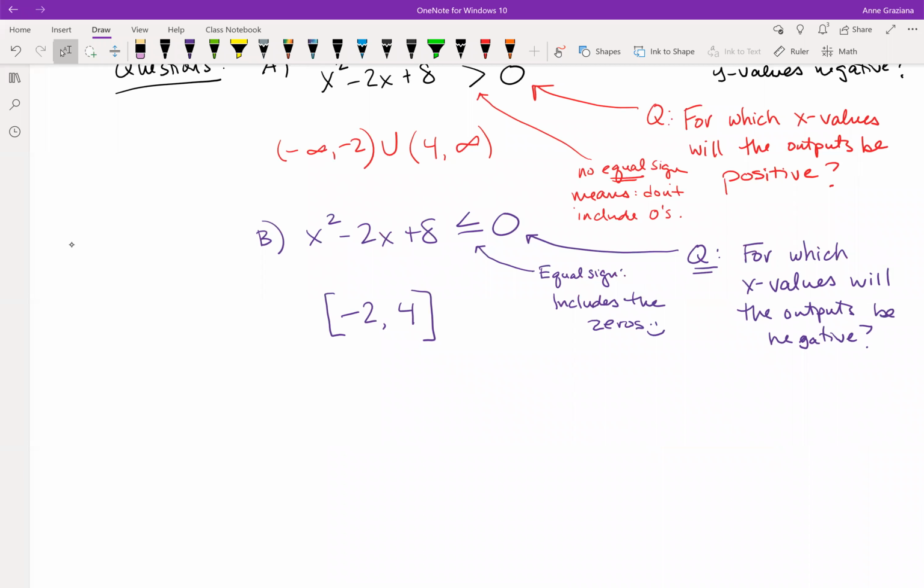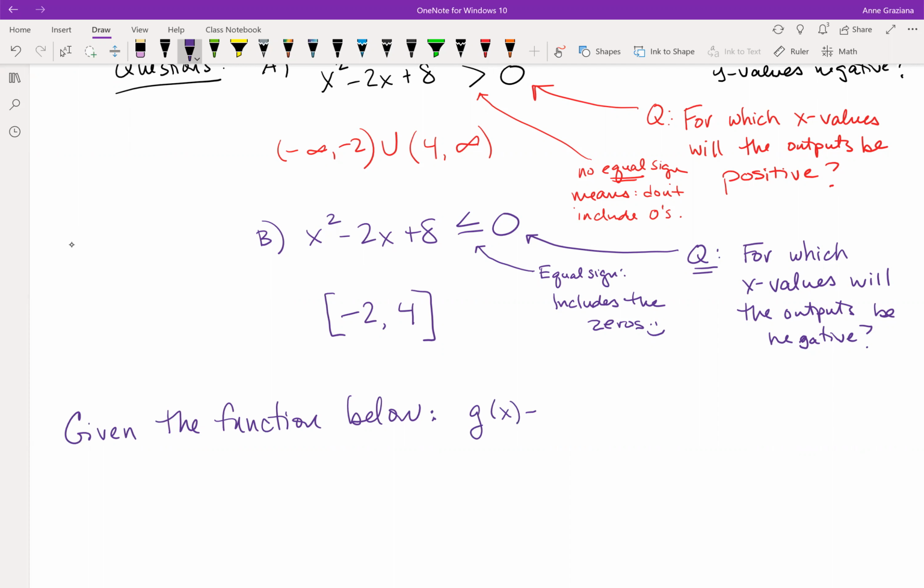Given the function below, which is this function, I will give you the formula.